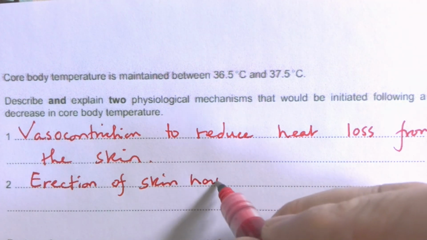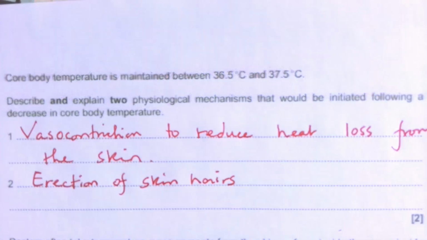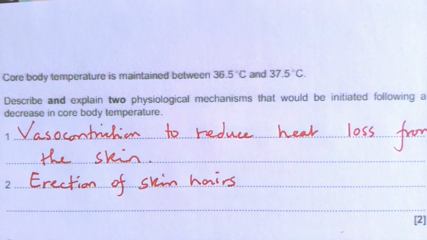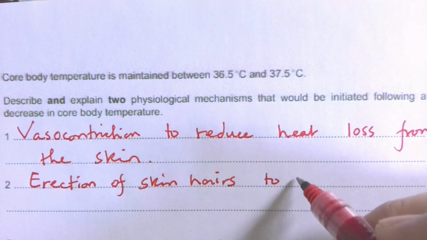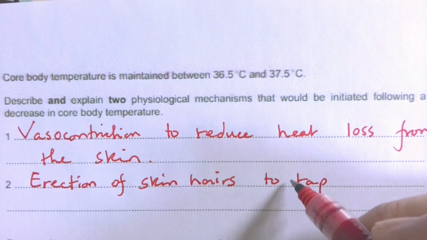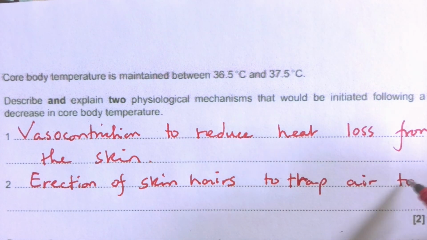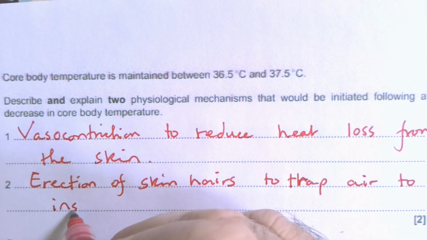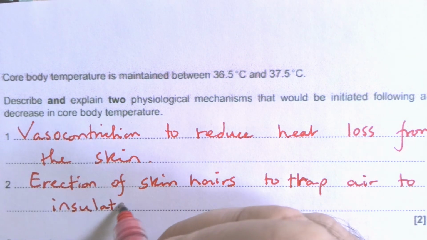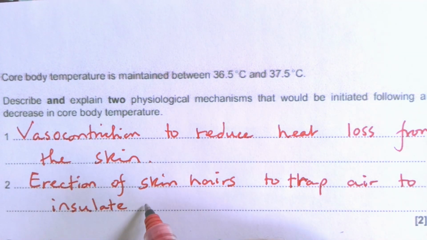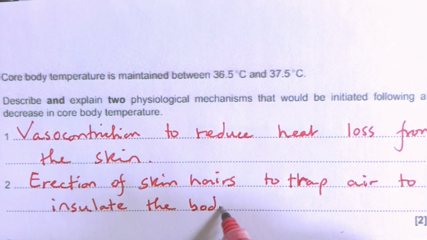That's the description of the mechanism. So now we have to decide why that happens, explain it, and of course it's to trap air which insulates the body. So to trap air to insulate. You could leave it just insulate, or you could say for insulation, I'm going to say to insulate the body. Okay, so there you go.